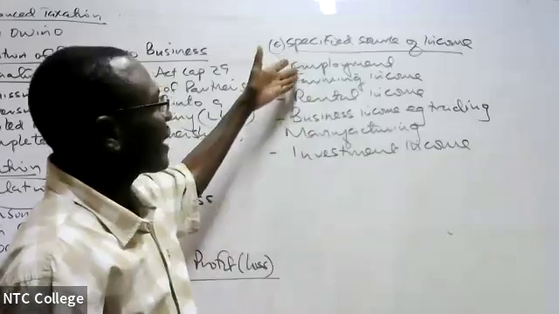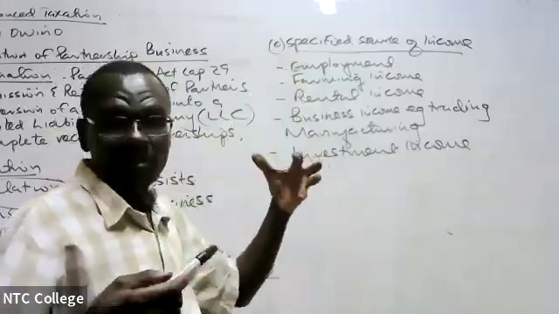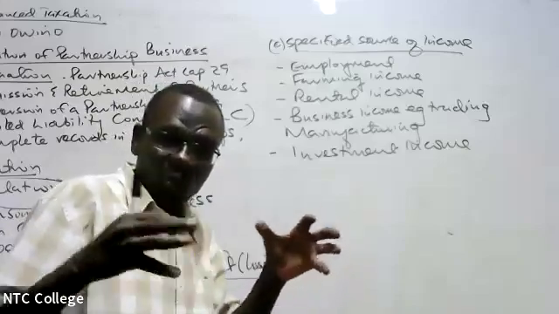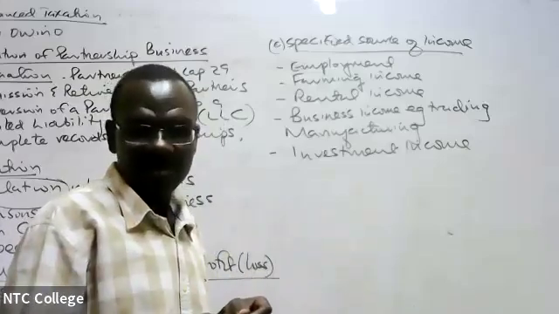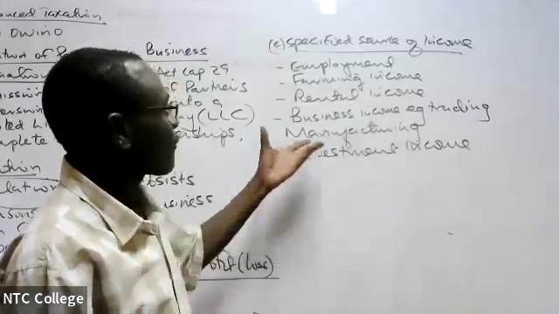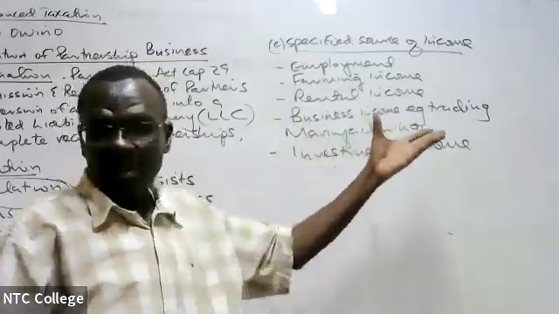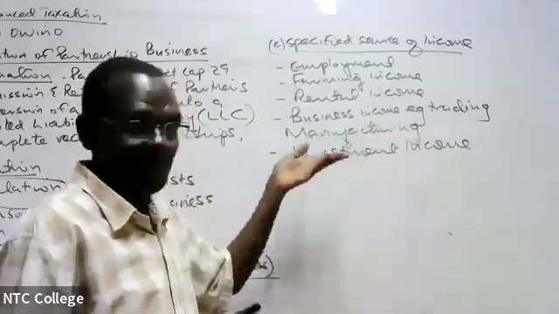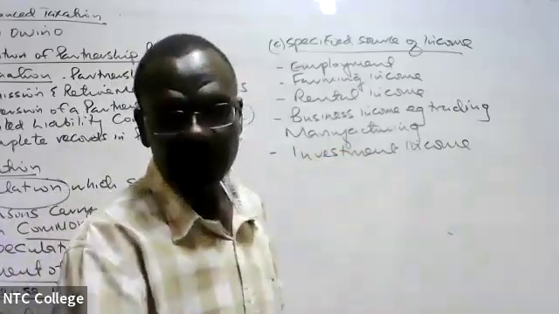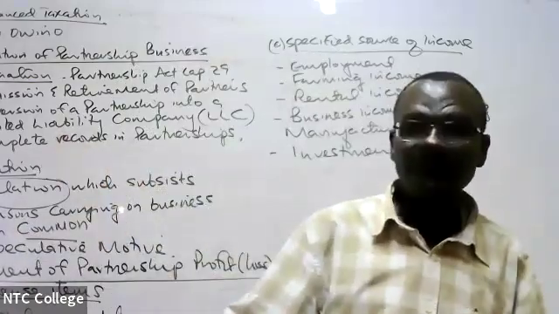So all these incomes have specific provisions on treatment, so you cannot put them in one statement because the treatment is different. For example, for business, trading, you need a statement. For manufacturing, you need a statement. Investment income could be dividends or interest income.